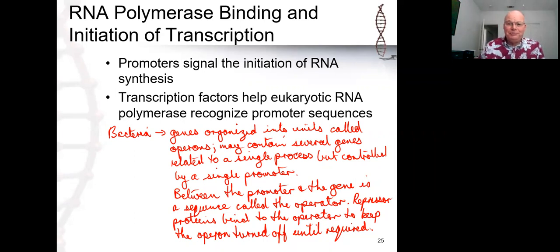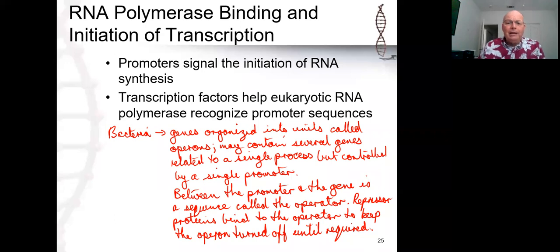However, if those genes are required, the repressor protein is inactivated. And once it's inactivated, it no longer binds to the operator. So when the RNA polymerase binds to the promoter, it now has free access to the gene. It can move down the promoter, past the operator and on into the gene to start transcription. So the gene is effectively turned on.